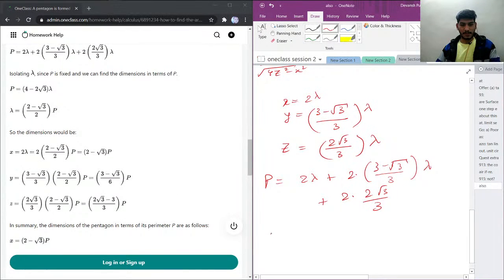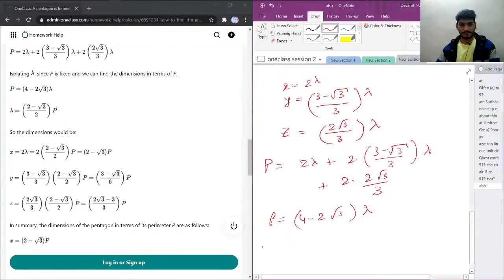So my perimeter will become 4 minus 2 root 3 times lambda. So the value of lambda is going to be 2 minus root 3 over 2 times p.